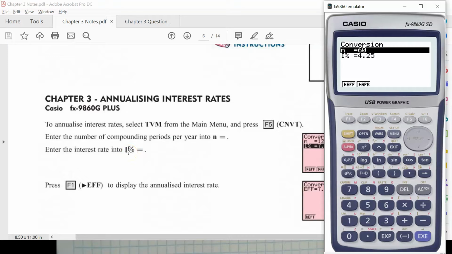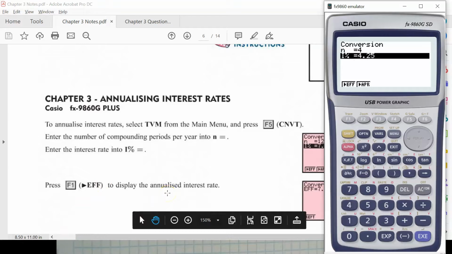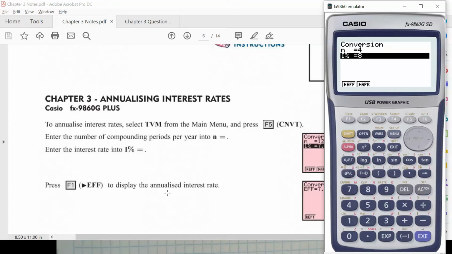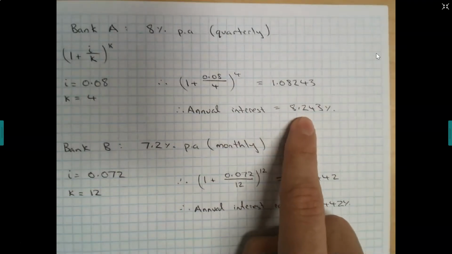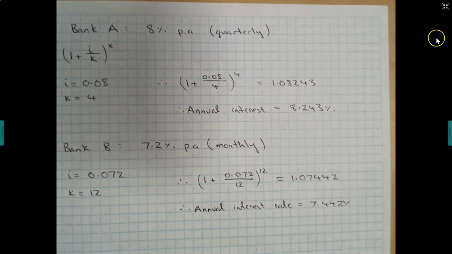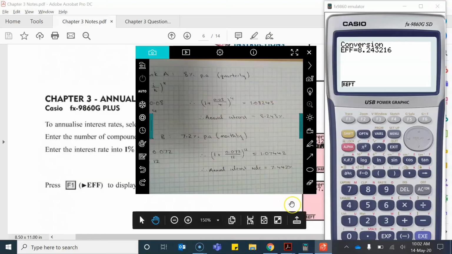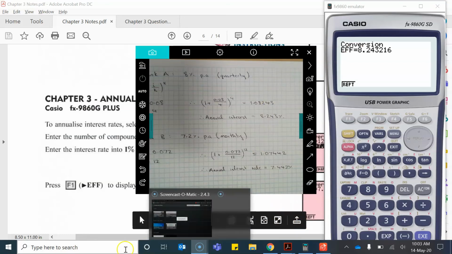So for example, with Bank A, it was compounding quarterly, so the number of compounding periods per year was 4, and our interest rate was 8%. If we want to annualize that value, it comes out as 8.243, and if you compare that to what we got, we also got 8.243. So that's a useful technique to compare interest rates when we have different compounding periods.